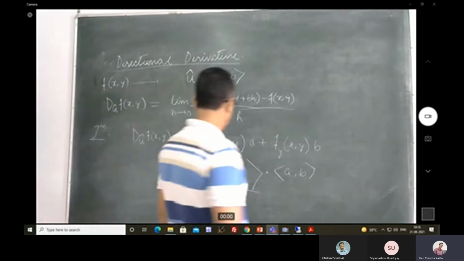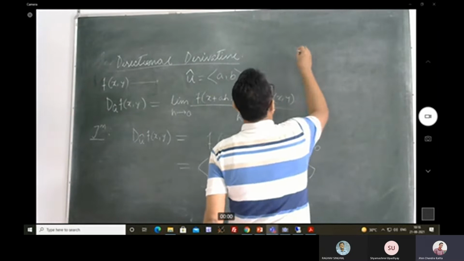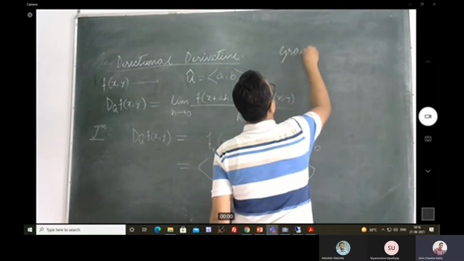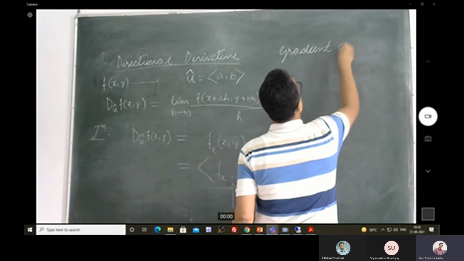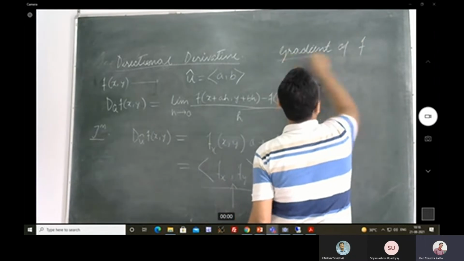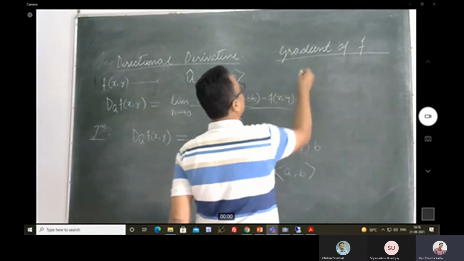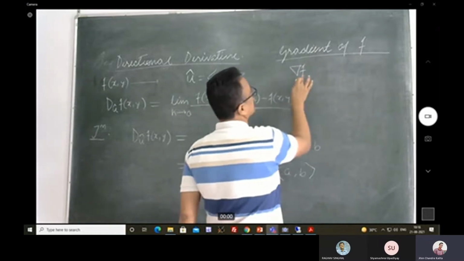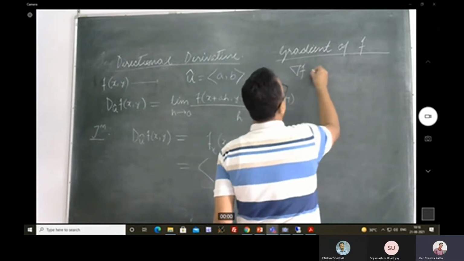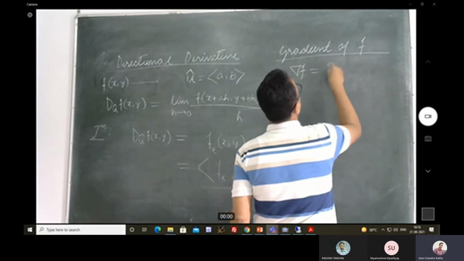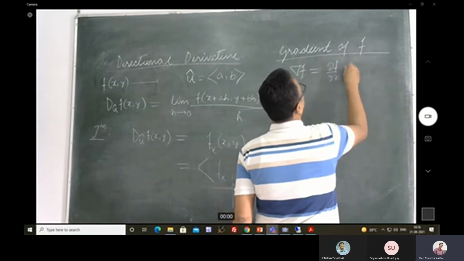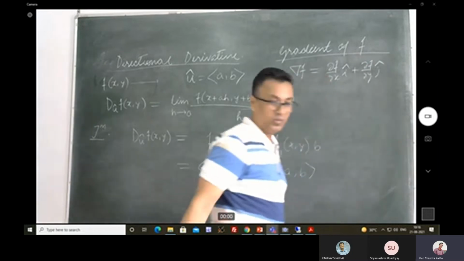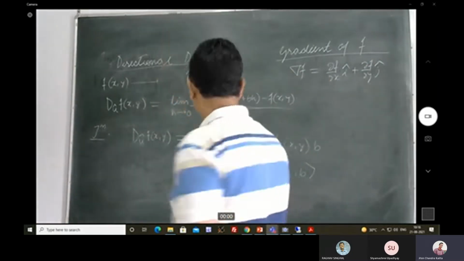It is called the gradient of f, and it is denoted by this symbol, the gradient of f. It is simply del f del x i plus del f del y j.